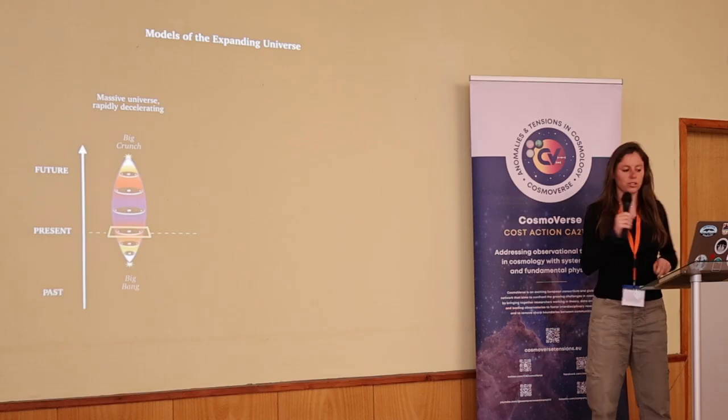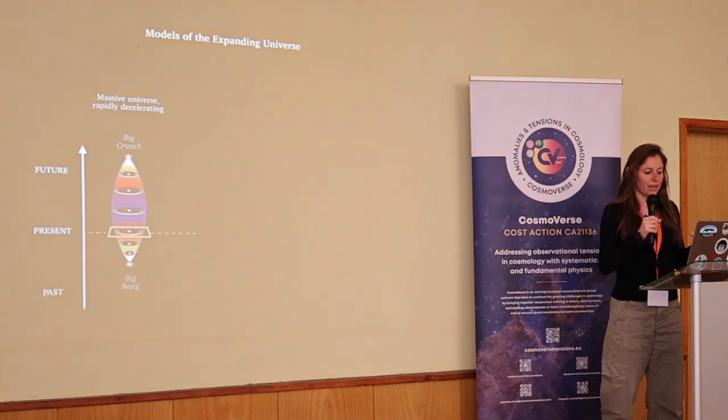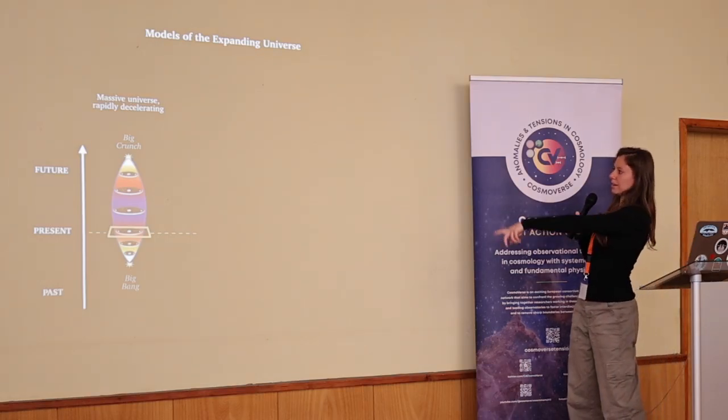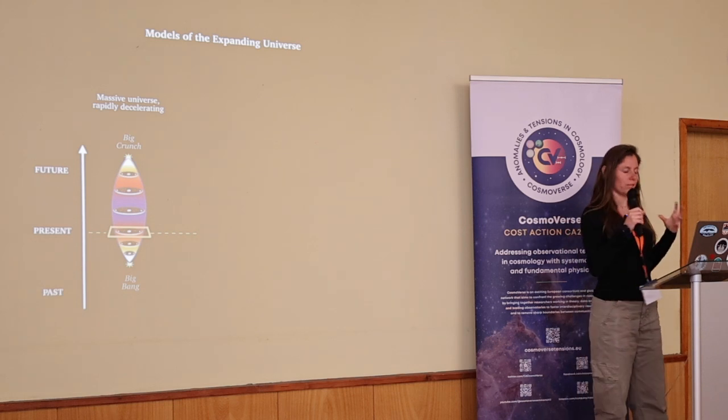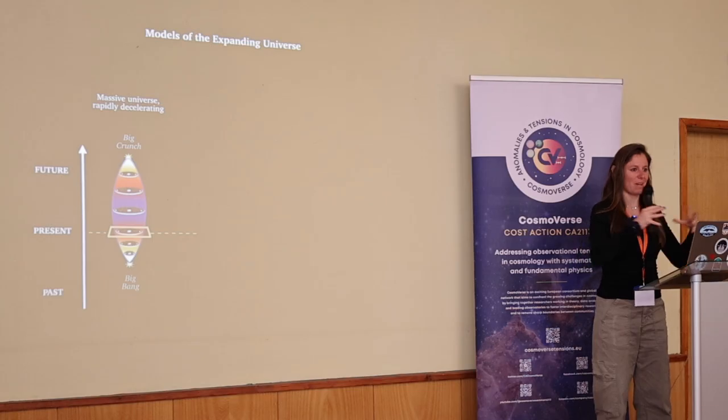The first configuration would be a very massive universe, and it's rapidly decelerating. You have the Big Bang in the past, and then what people call the big crunch, where everything collapses back together. So here, really, the mass of the universe would be dominating.